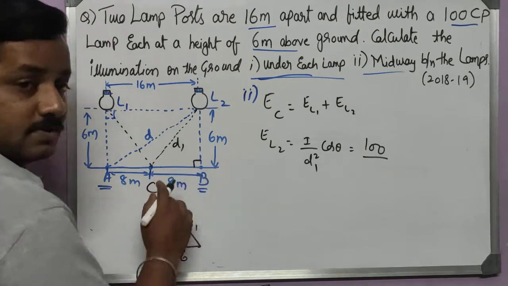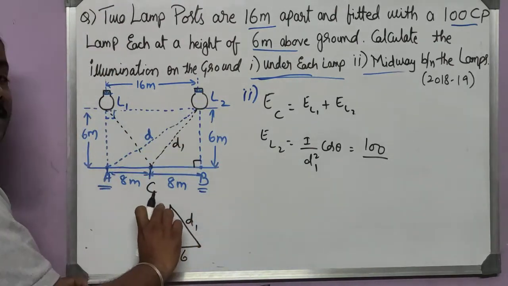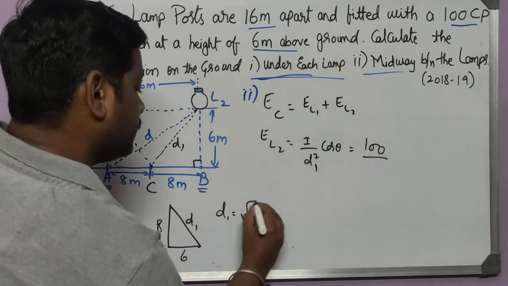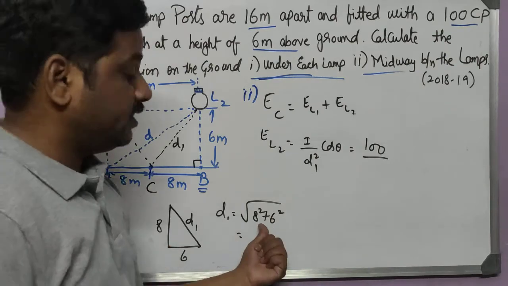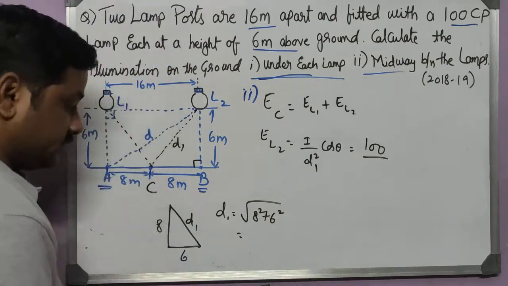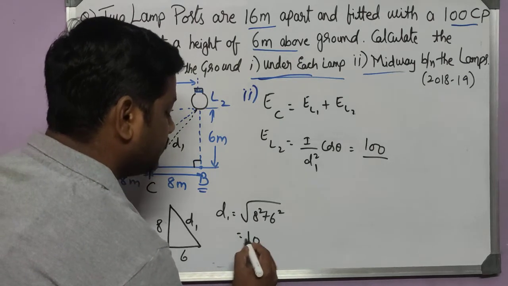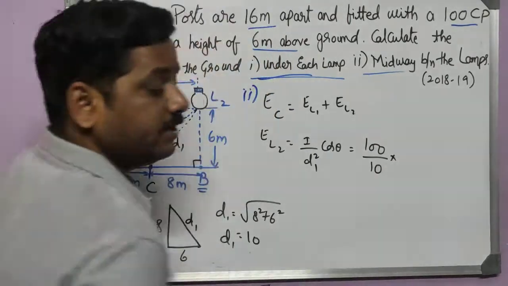You just tilt this and take this as a base and this as parallel, 6, 8. Therefore d1 can be given as square root of 8 square plus 6 square, which is 64 plus 36. So it is square root of 100, which is 10. So we got d1, 10, with cos theta.